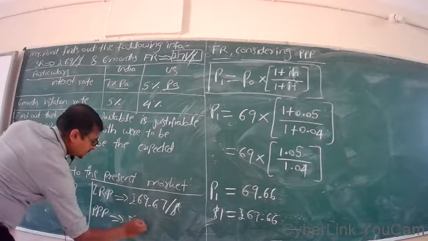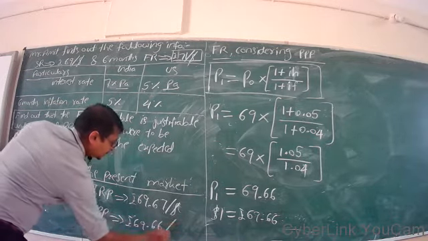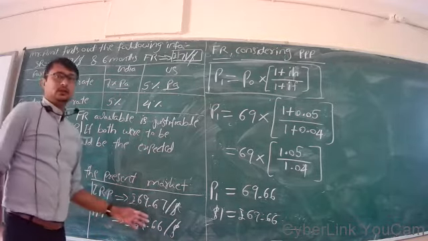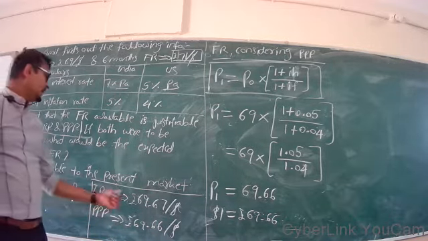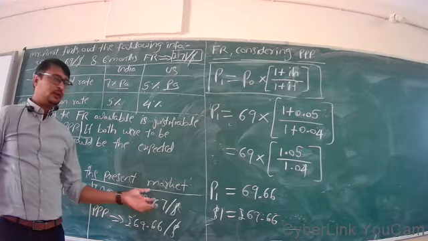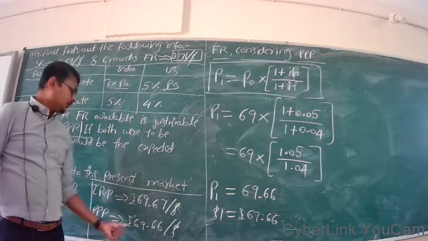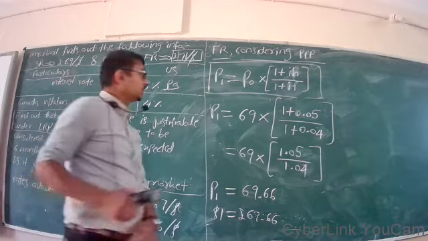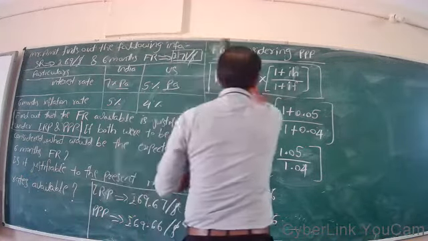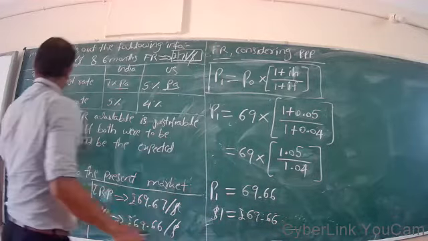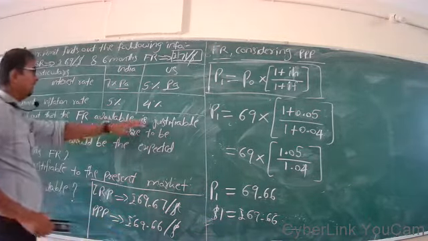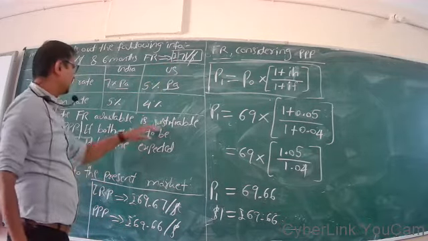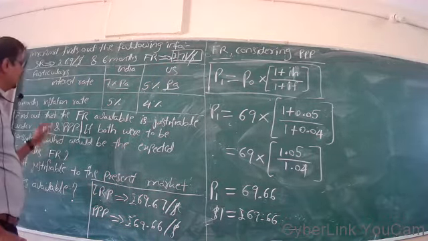We got rupees 69.66 per dollar. So under IRP we calculated the 6 months forward rate as rupees 69.67 per dollar. Under purchase power parity theory, it is rupees 69.66 per dollar. Now, what are they asking? Find out whether the forward rate available, that is the market rate, is justifiable under IRP and PPP.